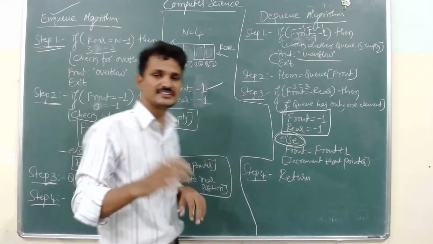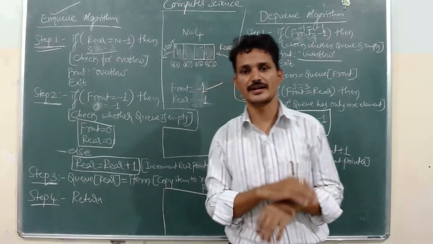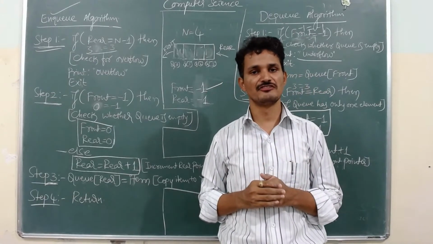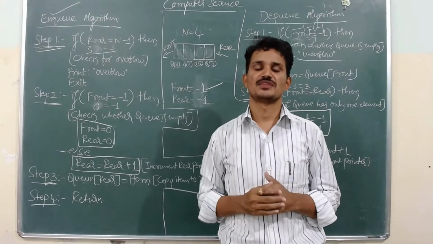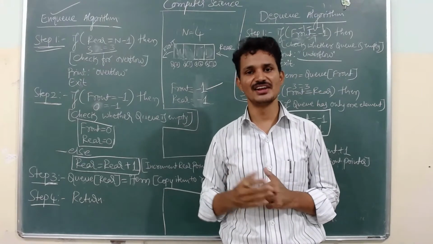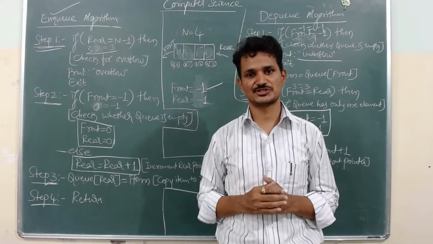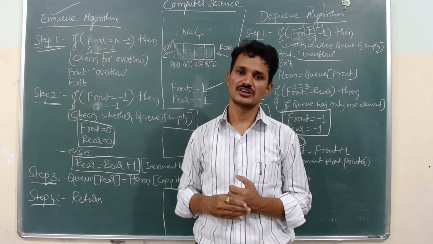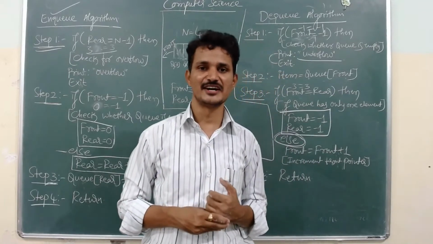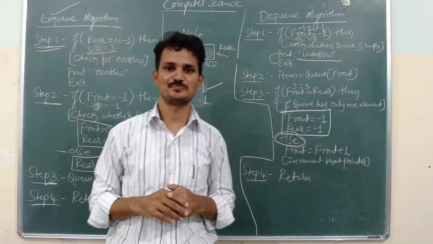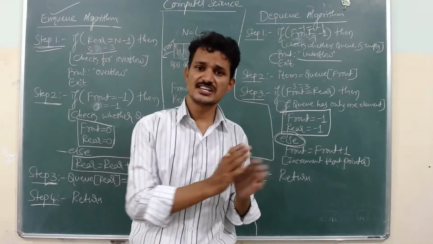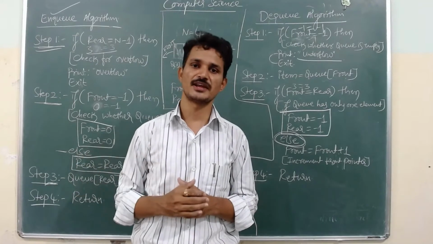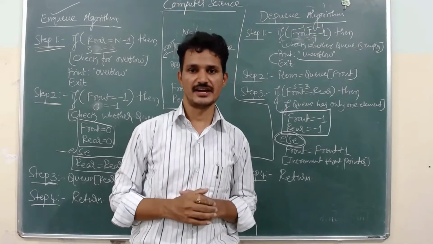Let me repeat the definition once again, a quick reminder. A queue is an ordered collection of items in which items are inserted and deleted from different ends, where insertion takes place from the rear end and deletion takes place from the front end.